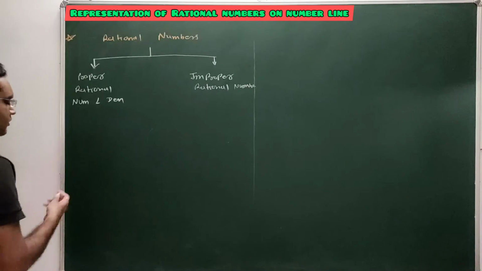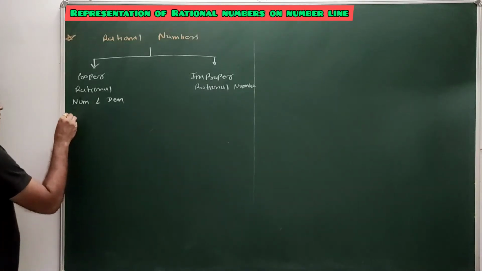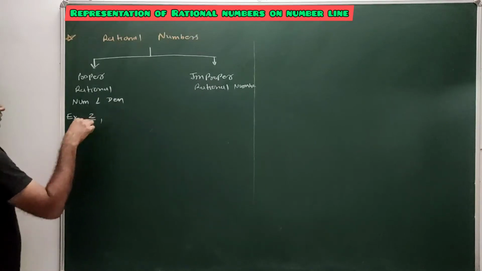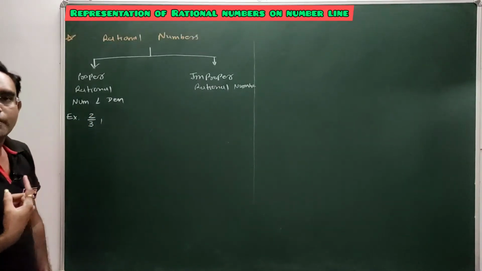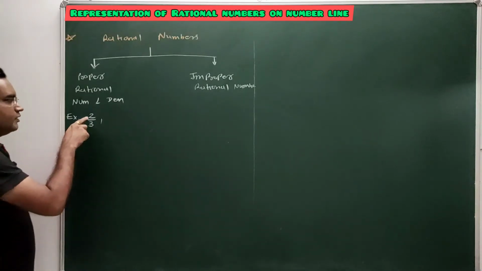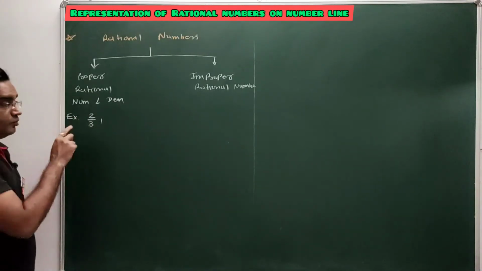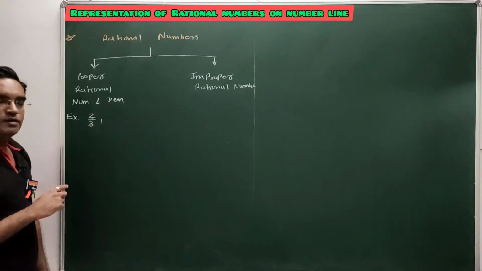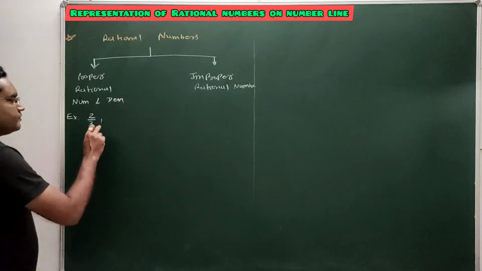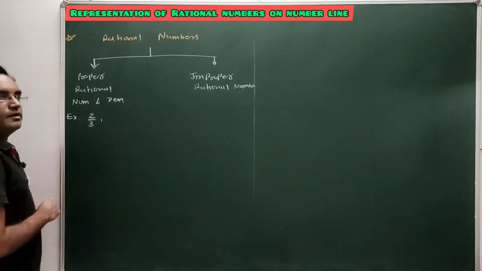If the value of the numerator is less than the denominator, we can say that the given rational number is a proper rational number. For example, suppose 2 by 3. Here the value of numerator is 2, denominator is 3. So here 2 is less than 3, numerator is less than denominator. So this type of rational number is known as a proper rational number.